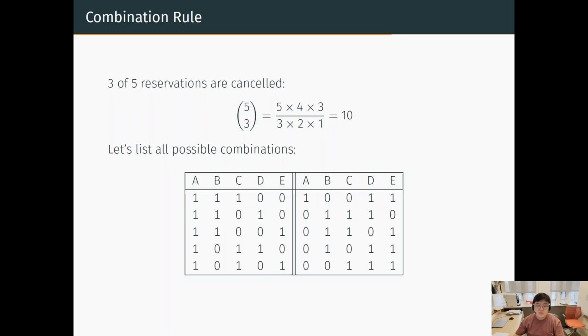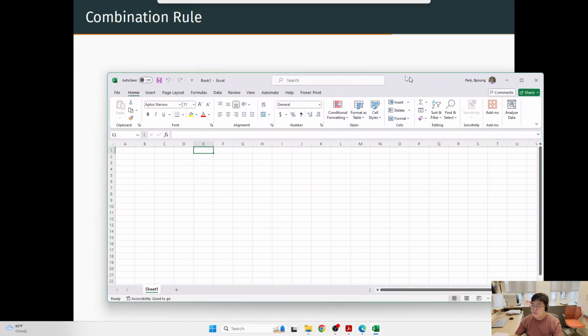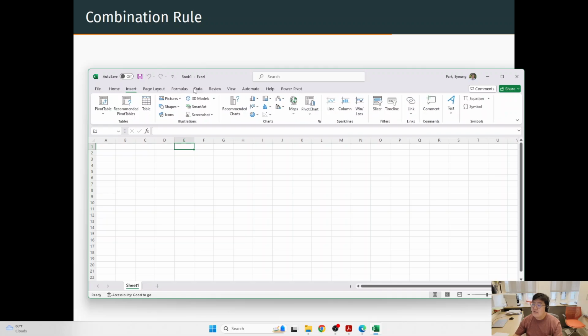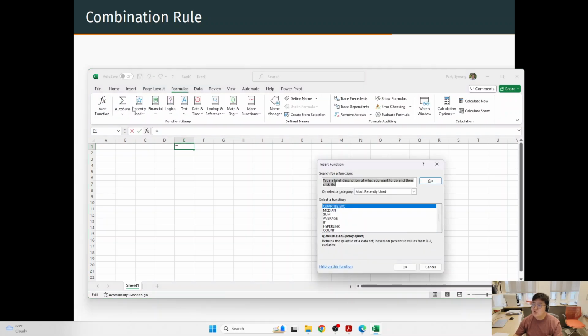Okay, by the way, I should have shown this to you. Let me show you how to use Excel to calculate the combination rule, right? Formulas, insert function. The combination rule is COMBIN, right? So search. There is COMBIN, combination rule.